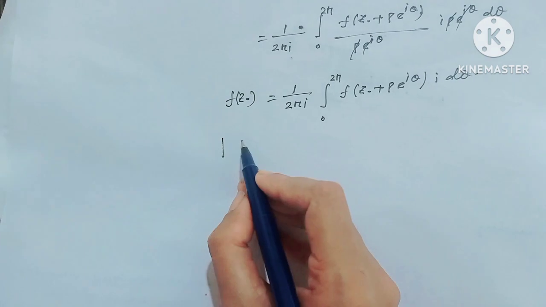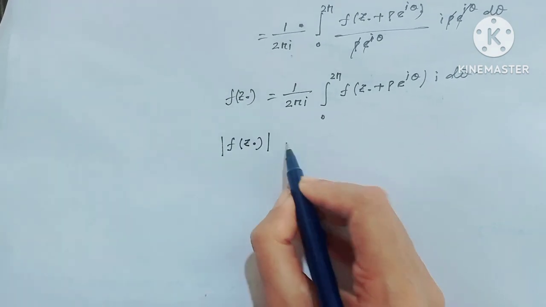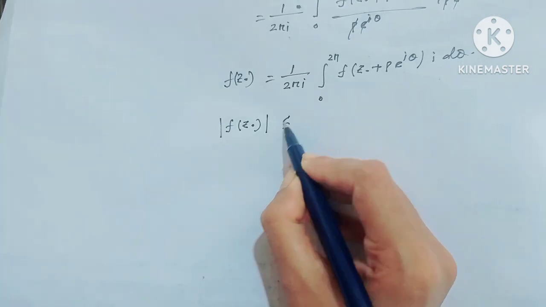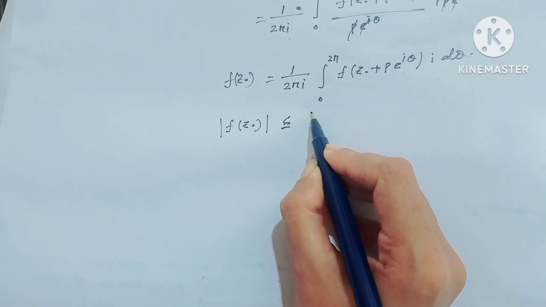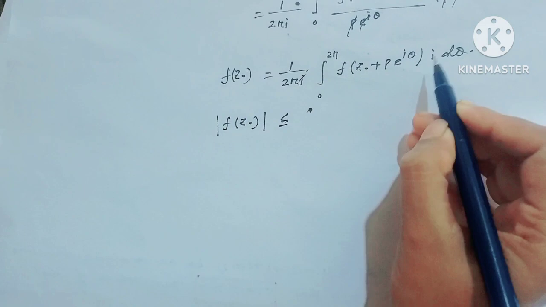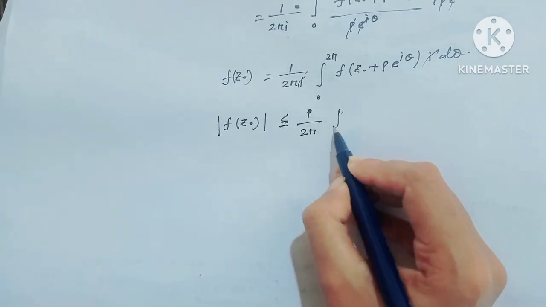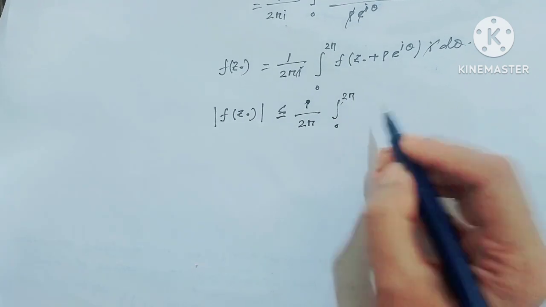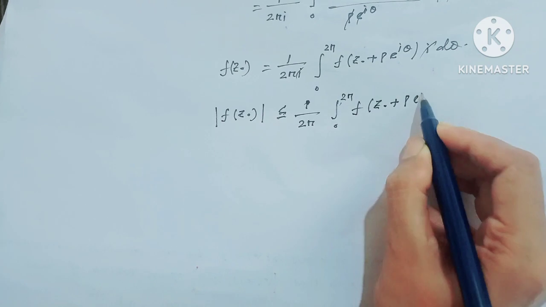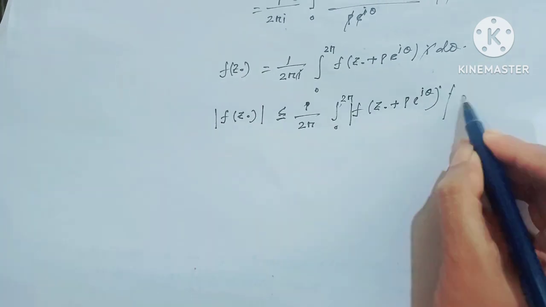Now if we take the modulus of both sides, then the modulus of f(z0) is less than or equal to, just cancel this i and this i, 1 over 2 pi, the integral from 0 to 2 pi of the absolute value of f(z0 plus rho e to the power i theta) d theta.